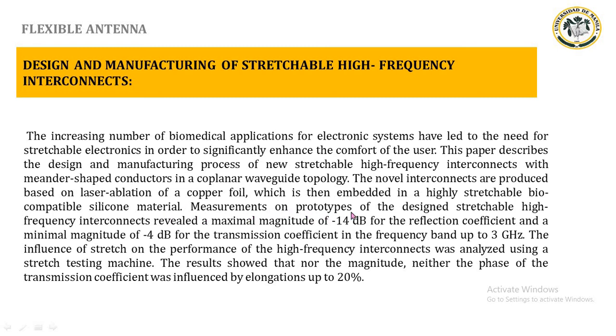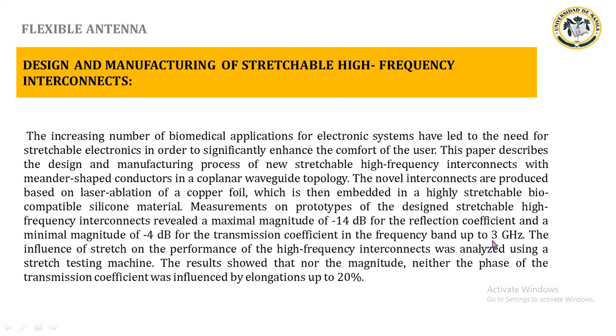Measurements on prototypes of the designed stretchable high-frequency interconnect revealed a maximal magnitude of negative 14 dB for the reflection coefficient and a minimal magnitude of negative 4 dB for the transmission coefficient in the frequency band up to 3 GHz.